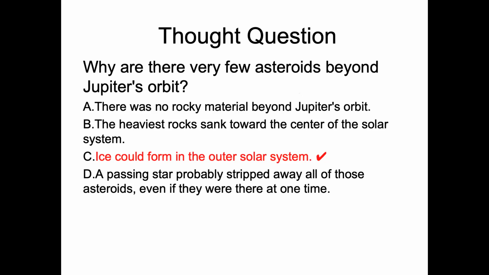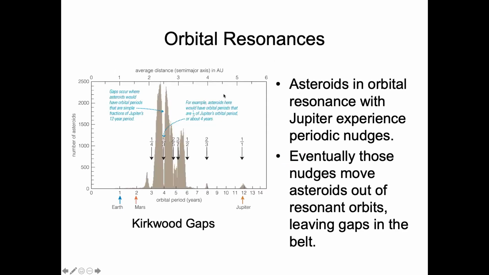So in the asteroid belt, you may be sitting there wondering, why isn't there a planet there? Why don't all of those asteroids just accrete into a single object that orbits between Mars and Jupiter? And it has to do with something called orbital resonance.